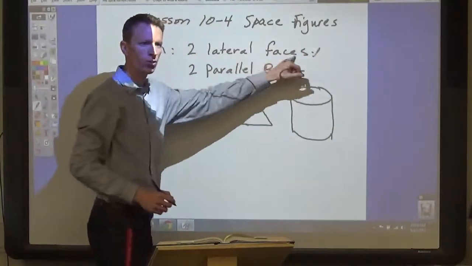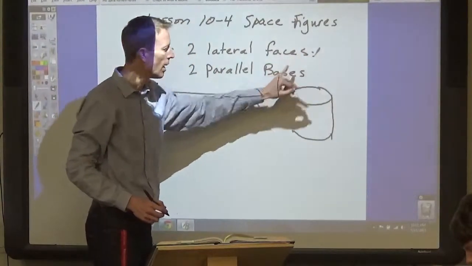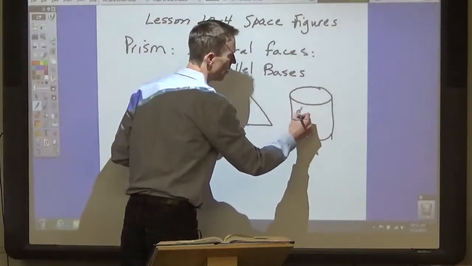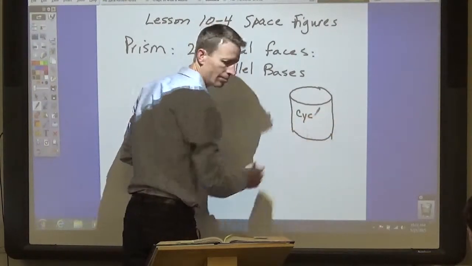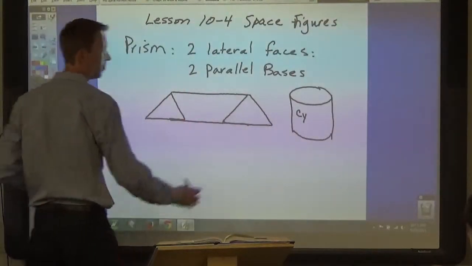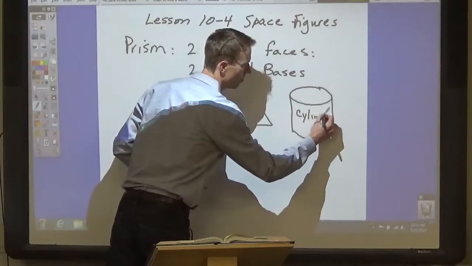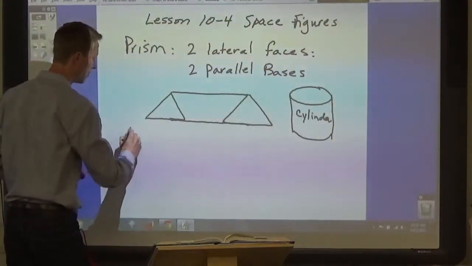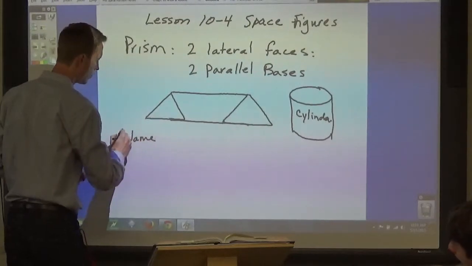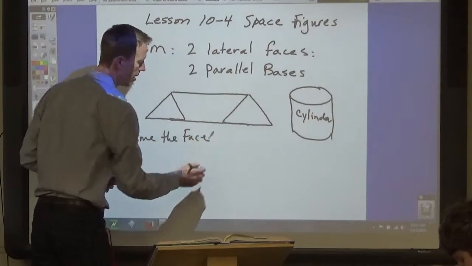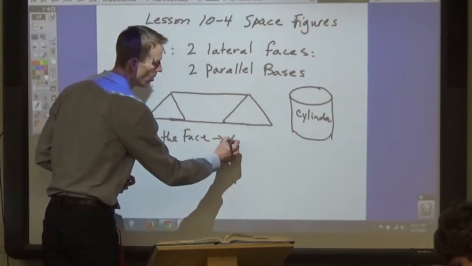You name them according to the face, and then you say prism, except for certain ones like cylinder. So you name the face and then add the word prism.